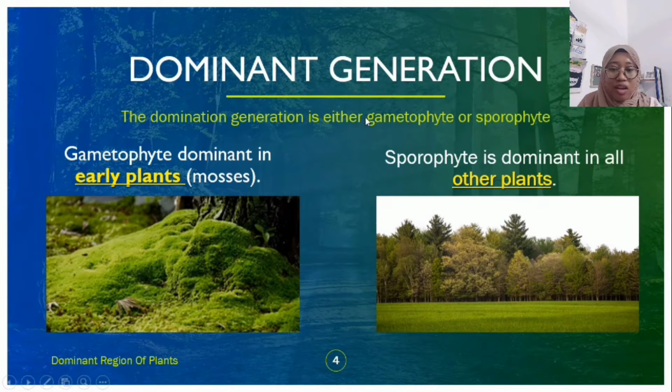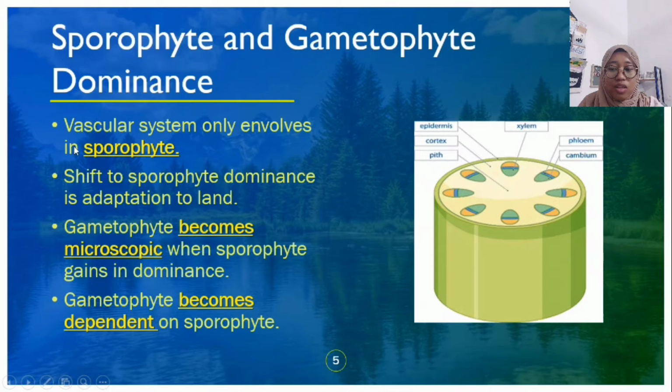In the plant, there can be gametophyte or sporophyte. So mostly in early plants like mosses, the gametophyte is dominant, and in other plants like ferns, the sporophyte is dominant. In the history of land plants, the vascular system is only involved in the sporophyte.